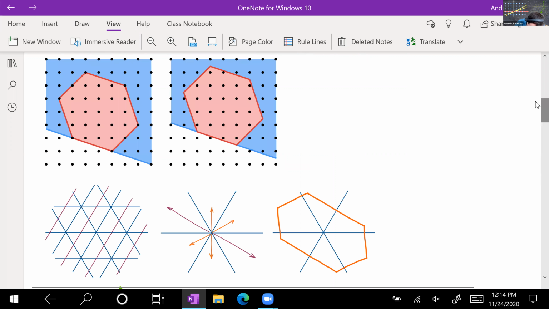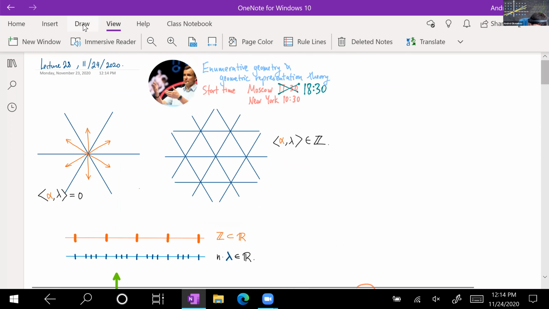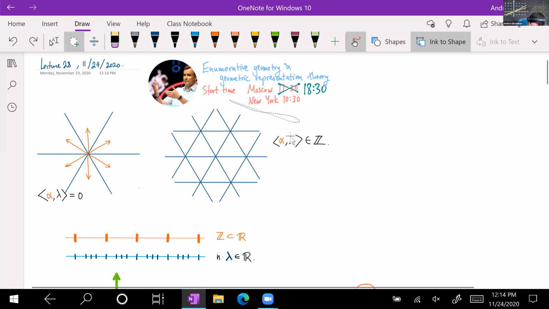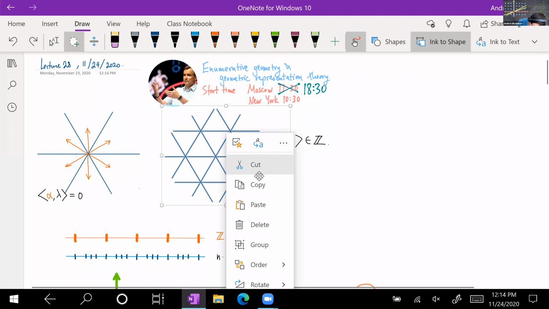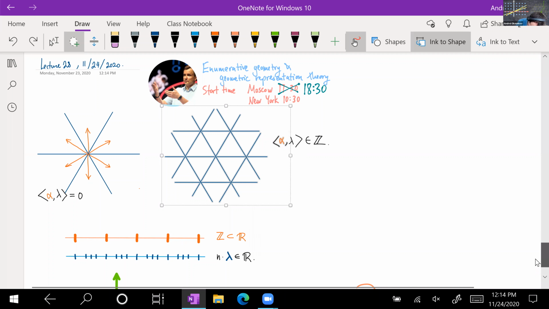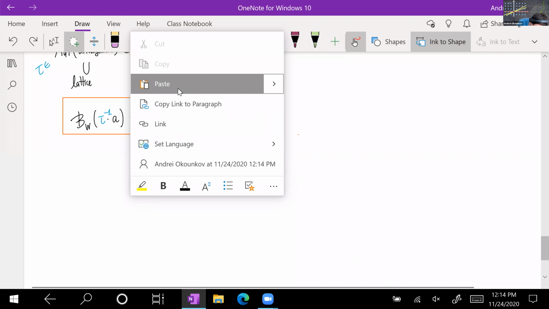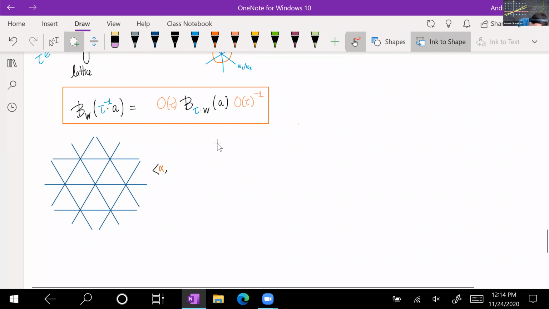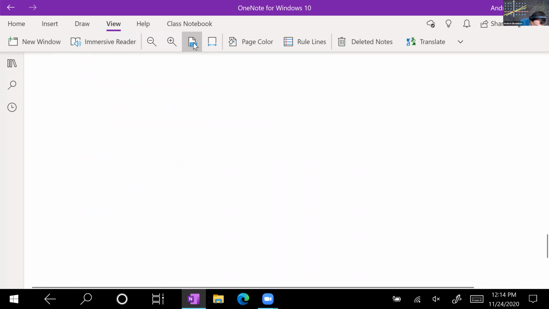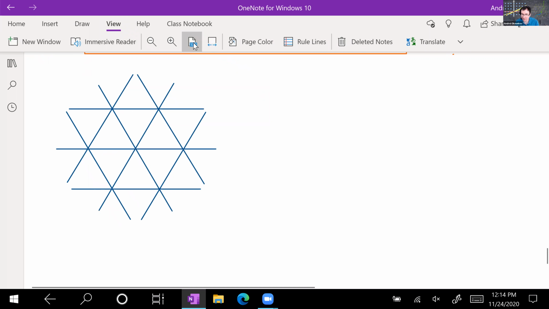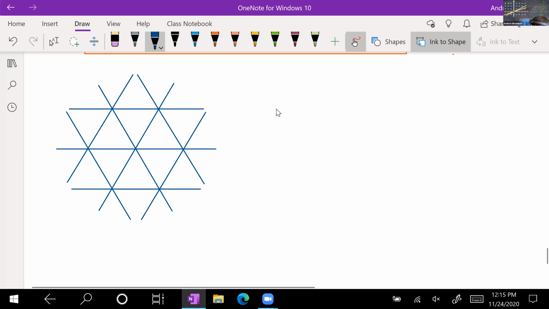Now we will eventually get to what we want. So this arrangement here, in addition to the lattice automorphisms, also has automorphisms of that arrangement.